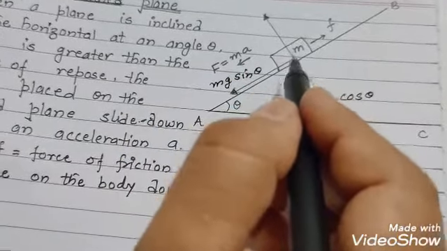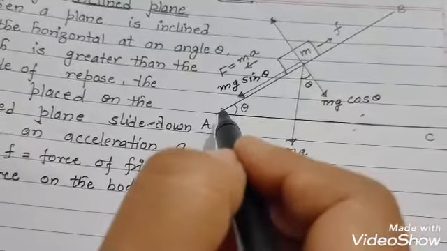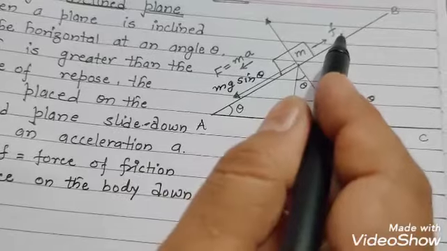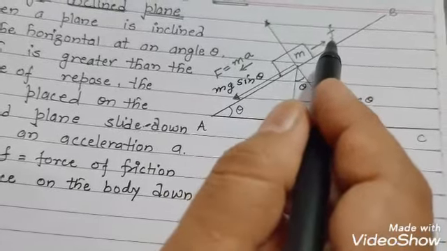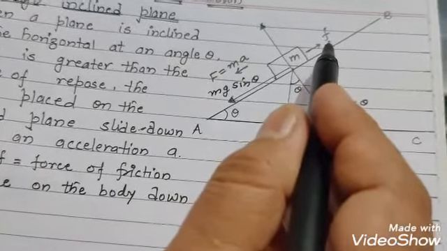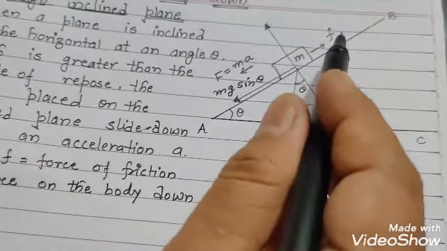Because the block is sliding down, the force of friction will work opposite to it. This small f represents the force of friction which is working in this direction.